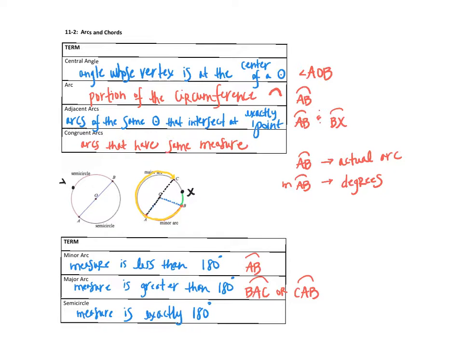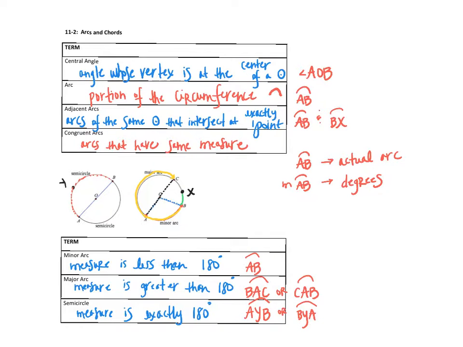And notice if I go halfway around the circle, we would call that arc AYB, or you could say BYA.